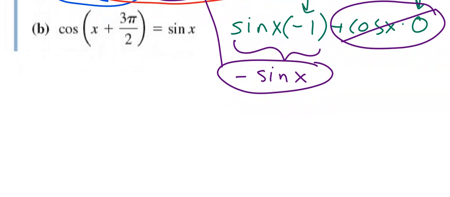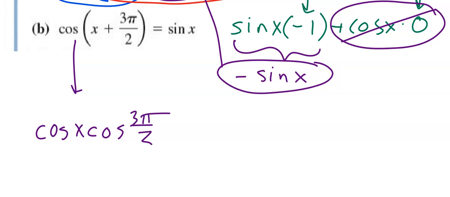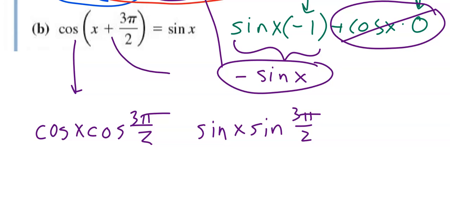Okay. So now we're using a cosine formula, right? Cosine, cosine, sine, sine. All I'm doing is following the pattern, right? Cosine, cosine, sine, sine. And what goes in the middle? The minus. The opposite, right?